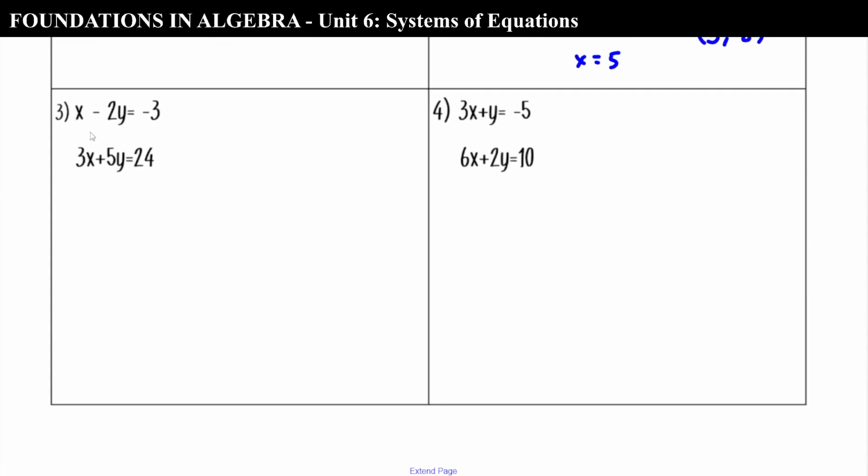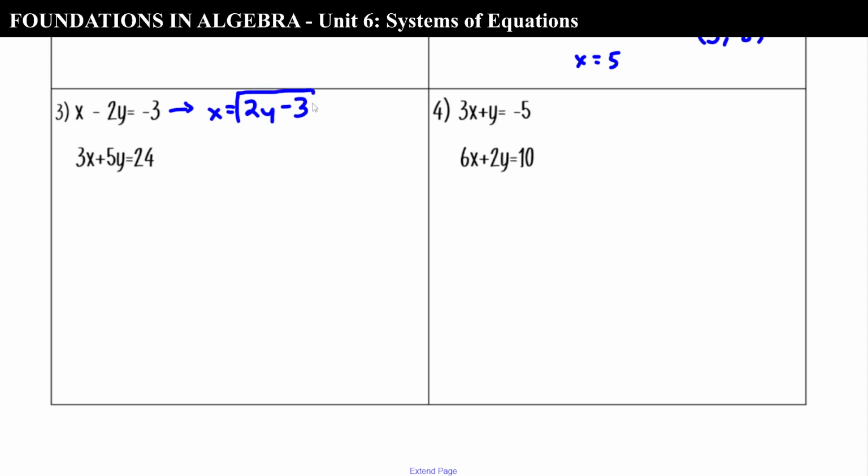For example 3, we need to solve for one of the variables. Now you don't have to solve for y, you can solve for x, and that's what I'm going to do in this first one. The first one I'm going to solve as x is equal to 2y minus 3, because you add 2y to each side, this is what you get.